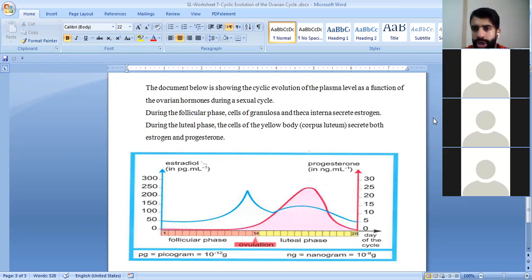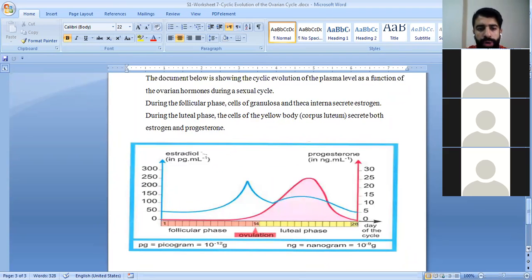Okay? So here, what I want you to do is, first, by raising the hand, which hormone is controlling the cycle during the follicular phase?